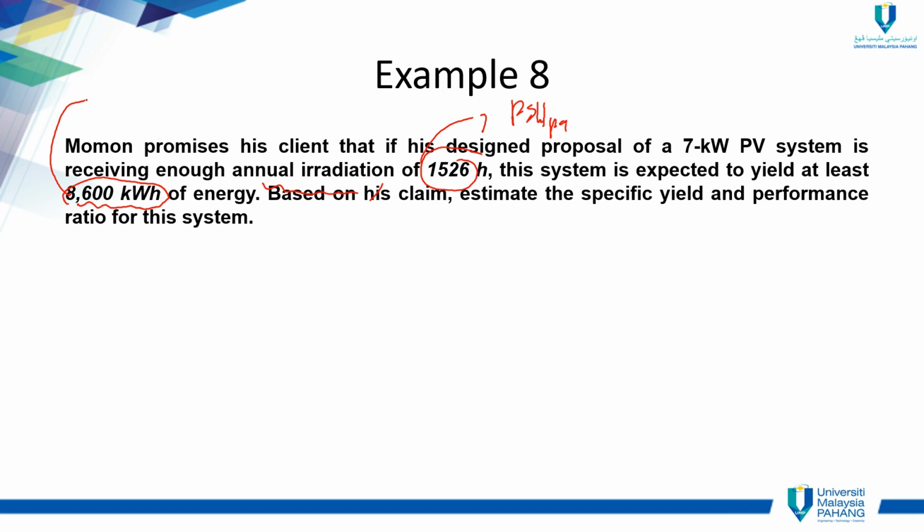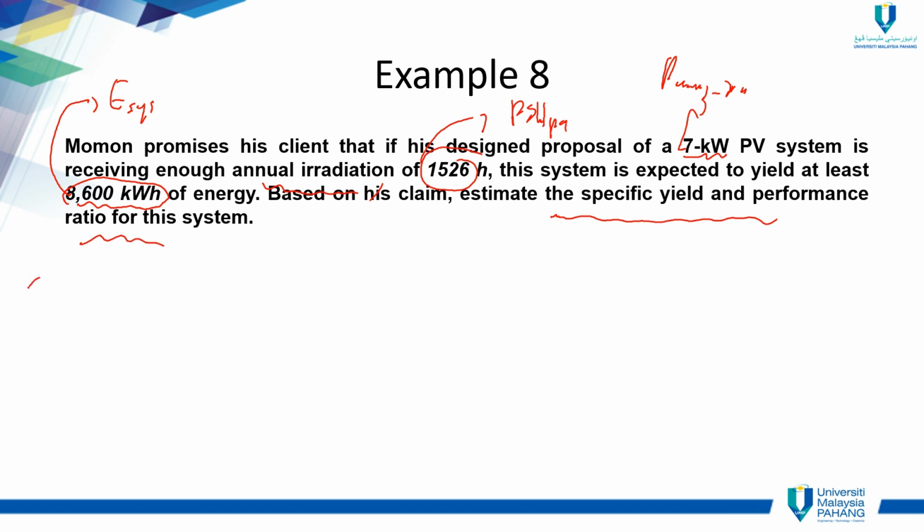So this is the energy yield, the E system. And this is the P array STC. Based on this claim, estimate the specific yield and performance ratio for this system.